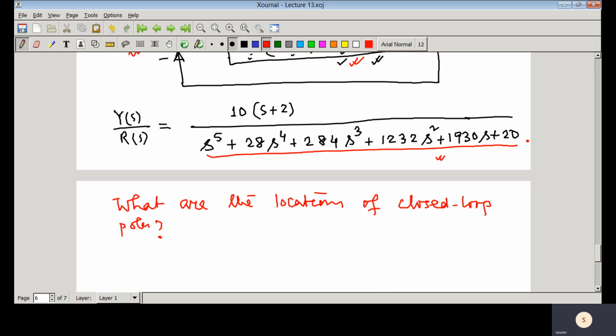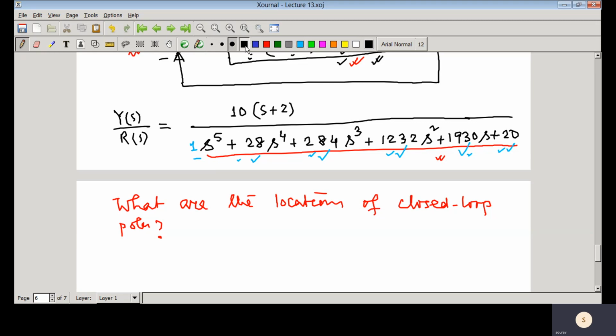Now the necessary condition for all poles to be in the open left half of the S plane is that all the coefficients, here 1, 28, 284, 1232, 1930 and 20, should be present and have the same sign. Here you can see they are all positive. These are the two necessary conditions for all the poles to be in the open left half of the S plane. Whenever any one of them is violated, we can immediately conclude that the system would not be stable.